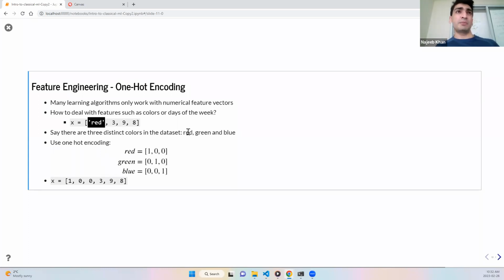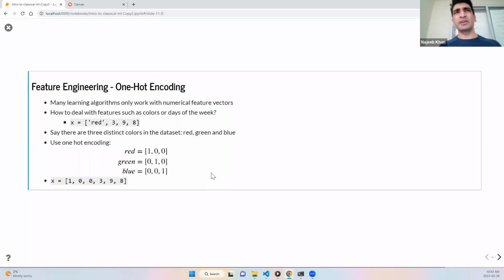You can represent them using one-hot encoding. If you know there are only 3 colors you are going to deal with, red, green, and blue, then you can have a one-hot encoded vector like this. This vector represents red, this vector represents green, and this one blue.